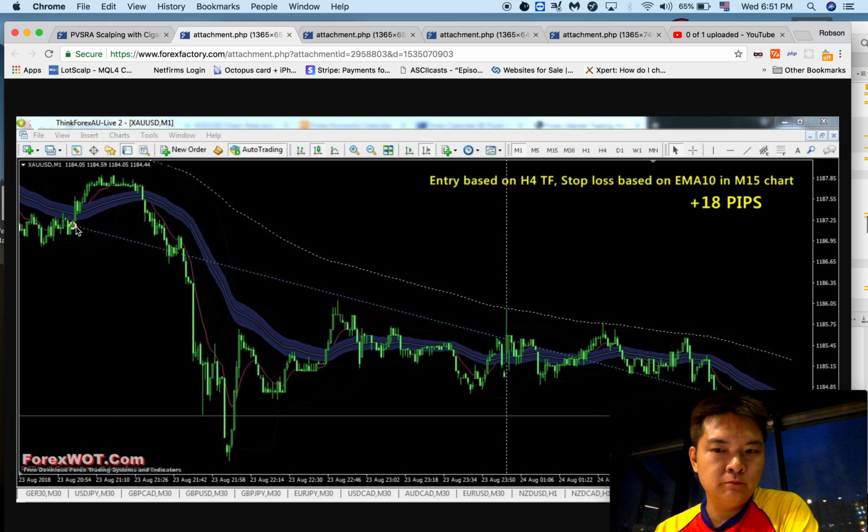entered here. Yes, okay, so it went against you for a while, but considering the fact that you based this entry on H4, I understand why you were still in the trade, even though it went against you here, and even though it broke the dragon upwards, and you decided to stay in the trade.